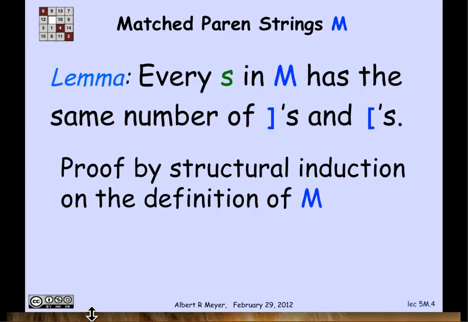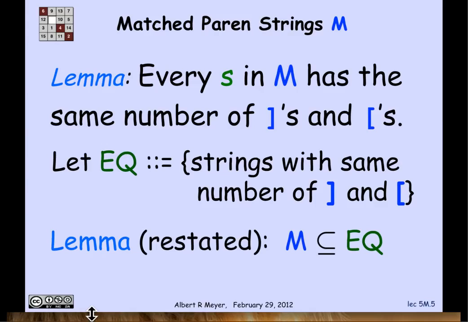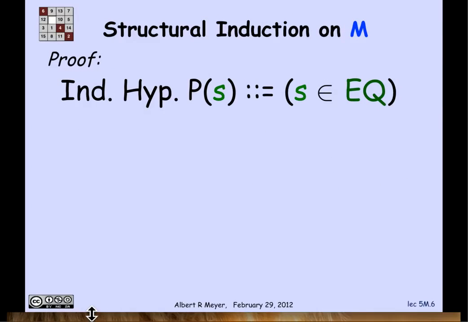I can restate this by defining EQ to be the set of strings with the same number of right and left brackets. What I'm really trying to say is that M is a subset of EQ. The way I'm going to prove this is by defining my induction hypothesis P of S to be that S is in EQ. That is, S has an equal number of left and right brackets.